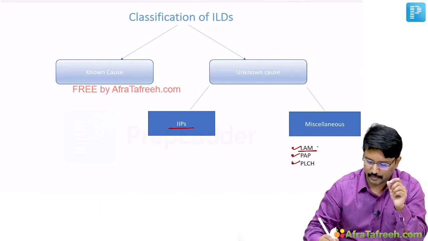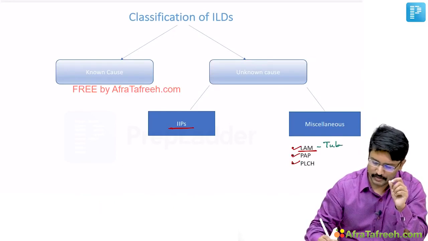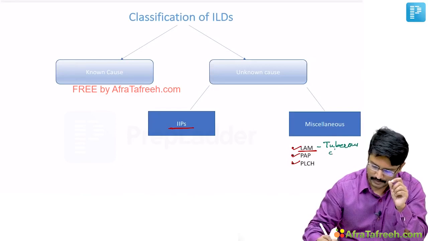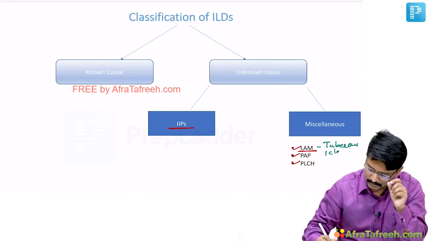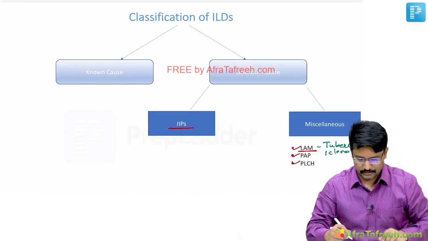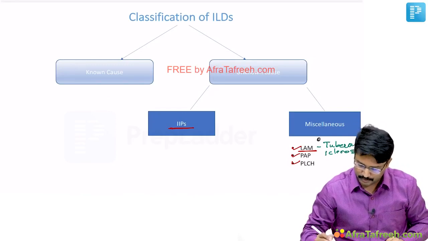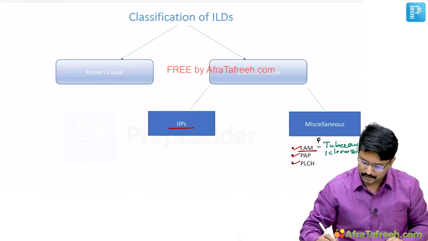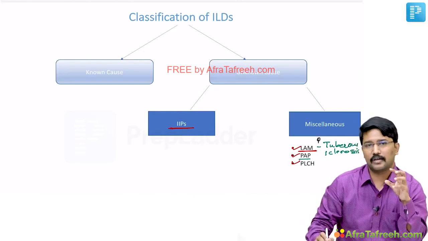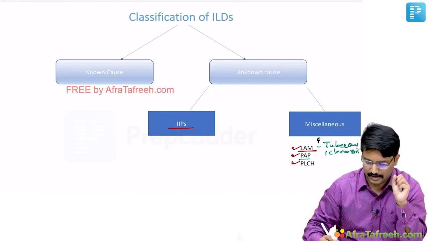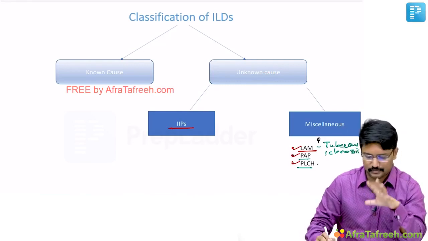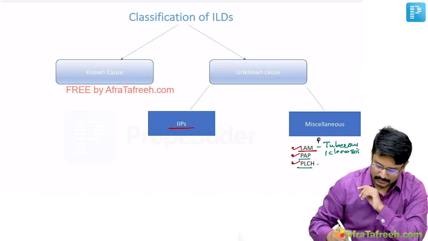Lymphangiomyomatosis is something that we typically see in patients with tuberous sclerosis. This has been asked in PGI recently, so I want you to make a note of it. Okay. The second one I want you to remember is pulmonary alveolar proteinosis and pulmonary Langerhans cell histiocytosis.